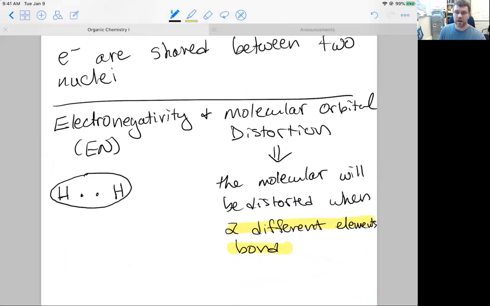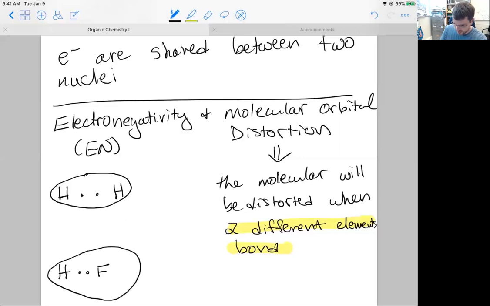Now, when hydrogen bonds to a different element like fluorine, something strange will happen. Despite the size of the atom and the number of orbitals that it has, we will see the bonding molecular orbital take on a different shape.